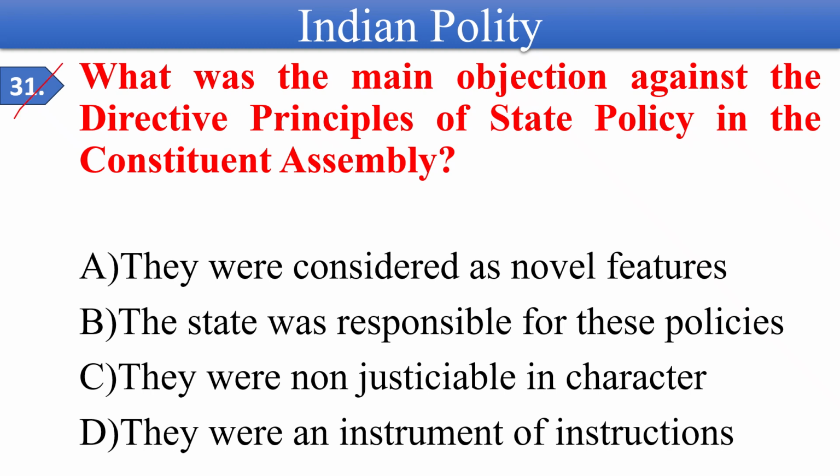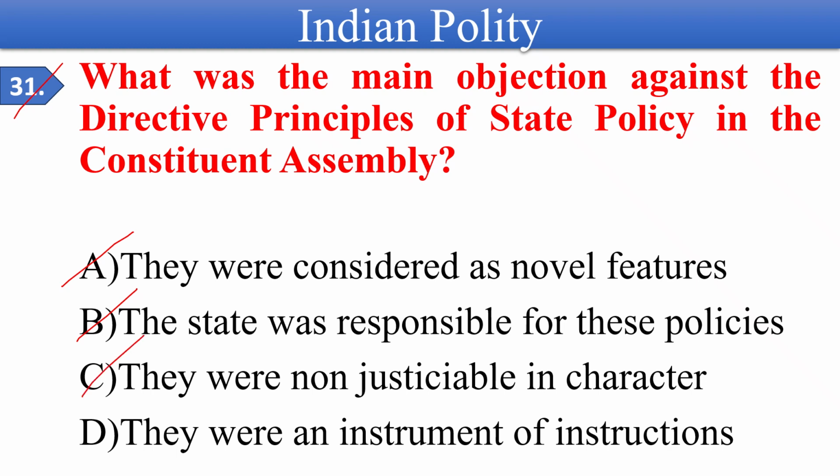Question number 31. What was the main objection against the Directive Principles of State Policy in the Constituent Assembly? Option A. They were considered as novel features. Option B. The state was responsible for those policies.